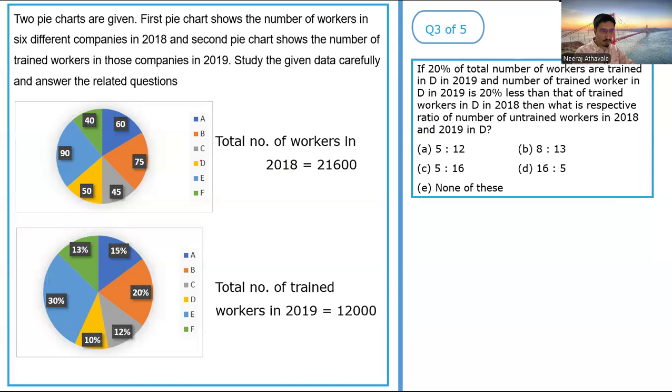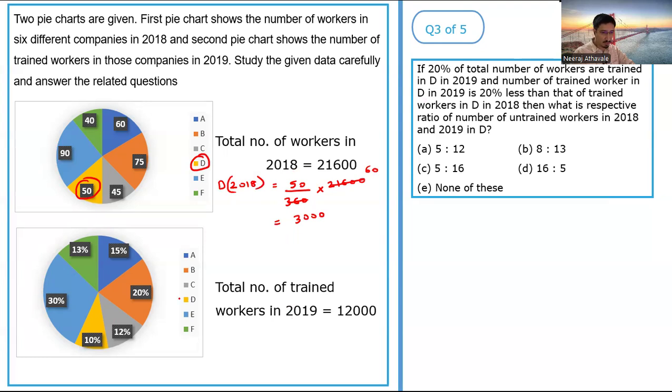Now, first of all, company D is yellow. So D 2018 is 50 upon 360 into 21,600. So it comes out to be, this is 60. So 50 into 60, that is 3,000.